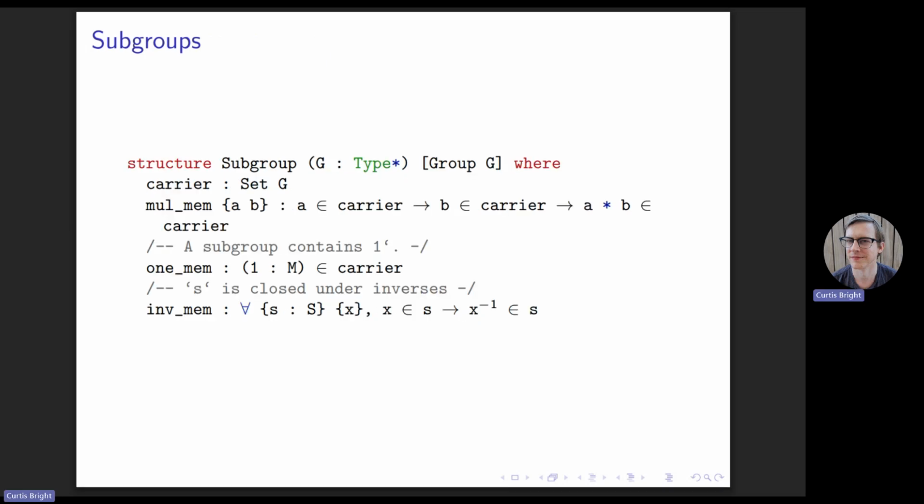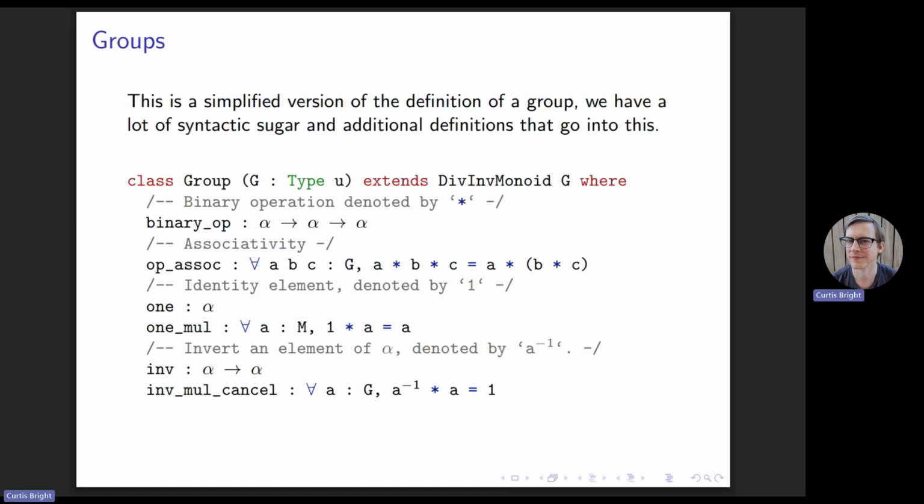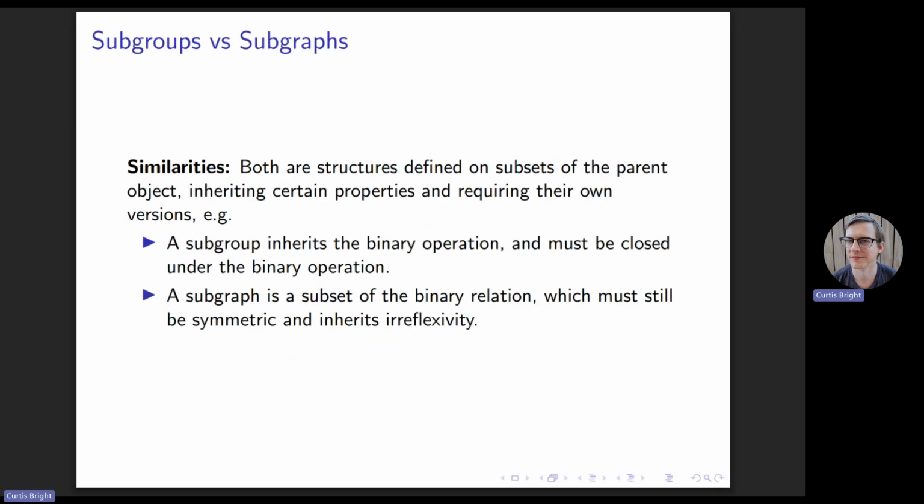So why do we want to use the group or the algebraic hierarchy as a template for our graph theory hierarchy? Some similarities are that both are going to be structures defined on some set or some type, where we have, in the case of groups, a binary operation. In the case of graphs, we have a binary relation.